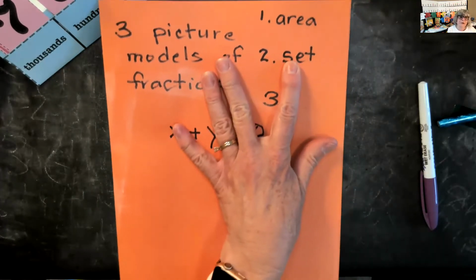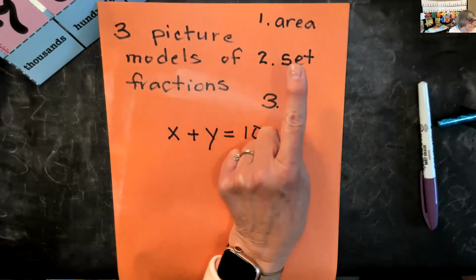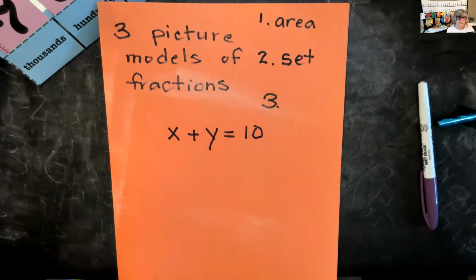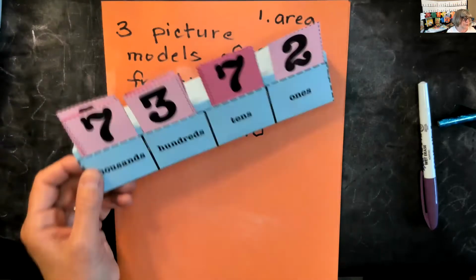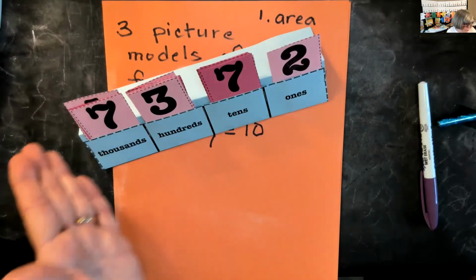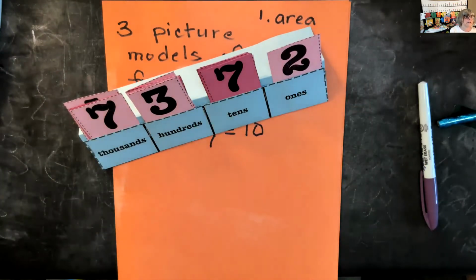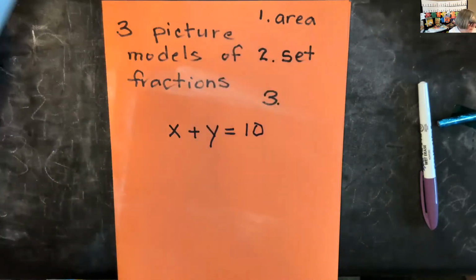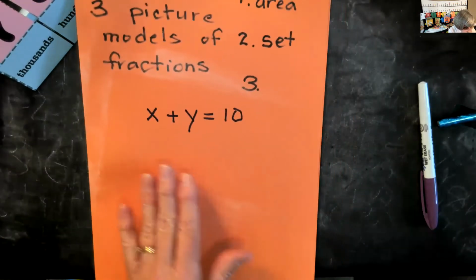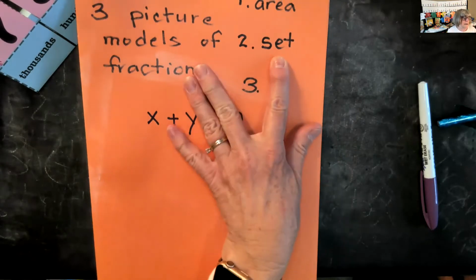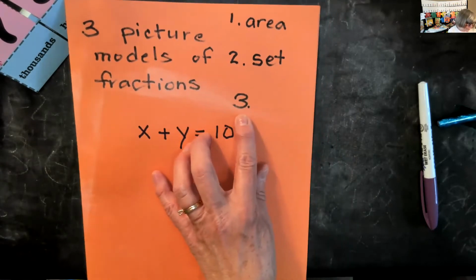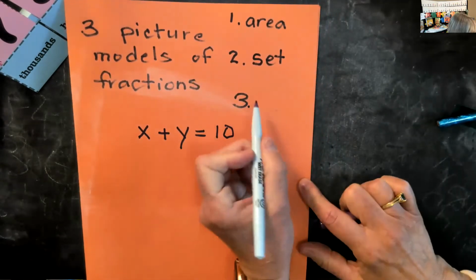I gave you 3 examples of set models of fractions. We used the chips, we used words, and then I used a fraction to describe the number of digits in the number we were building.